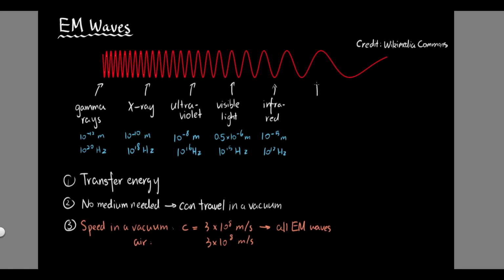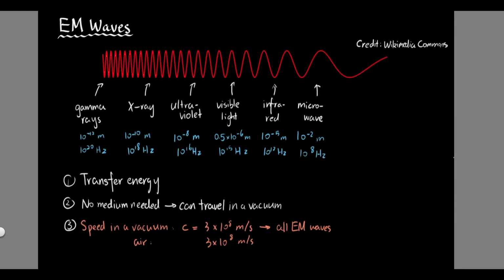Microwave has a wavelength of around 10 to the negative 2 meters, which I believe is about 1 centimeter. The frequency is only 10 to the 8th now.